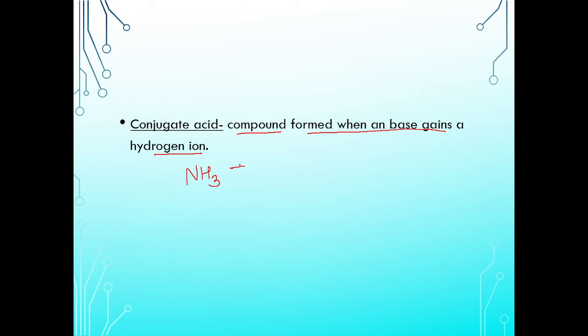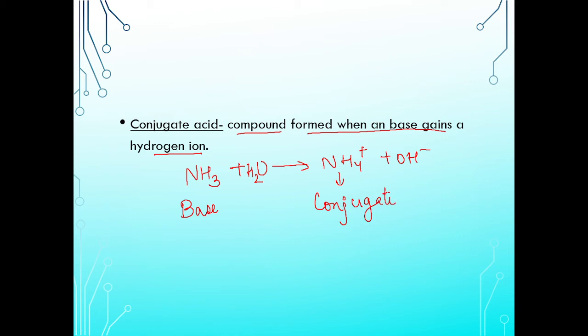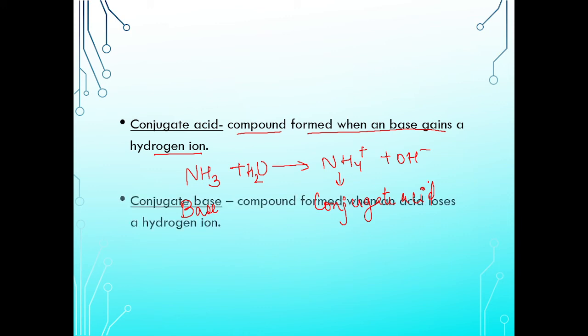That is, NH3 when dissolved in water gives out NH4 plus and OH minus. So out of this, NH3 is a base, whereas NH4 plus will be your conjugate acid. Okay?